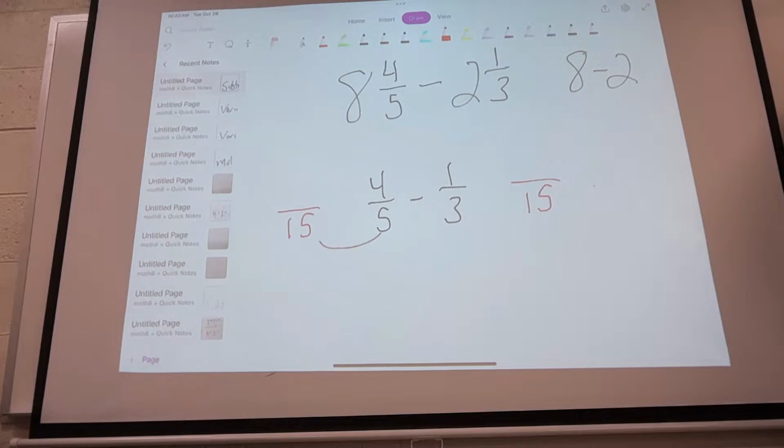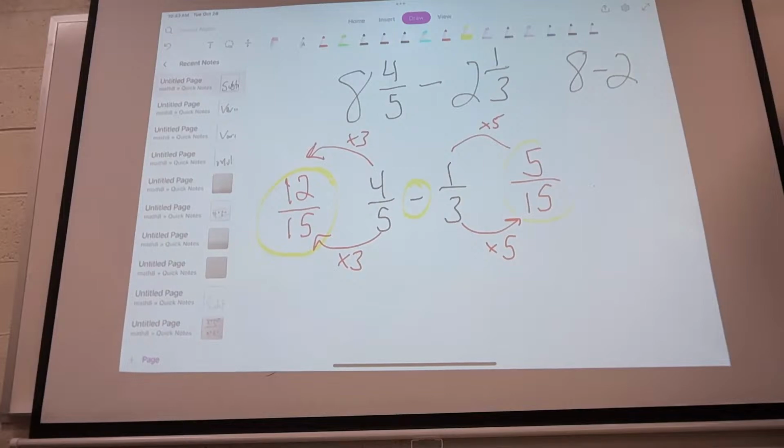Blaze, how do I turn a 5 into a 15? Whatever I do to the bottom, I do to the top. 4 times 3 is? Good. How do I turn a 3 into a 15? Times 5. 1 times 5 is? 12/15.